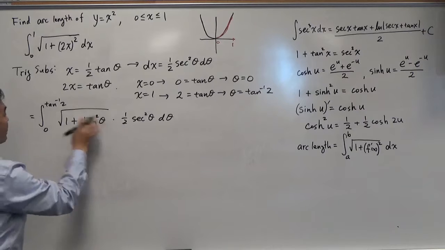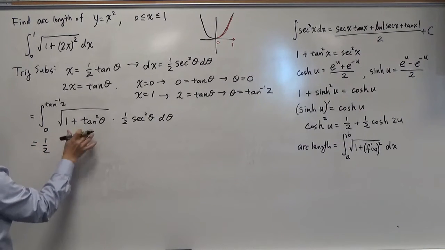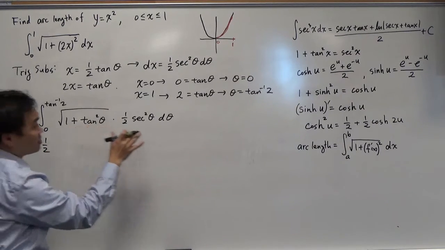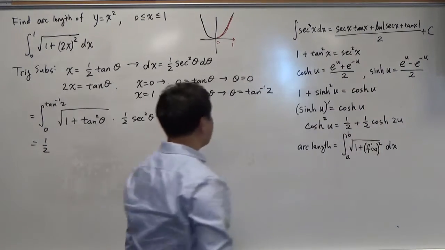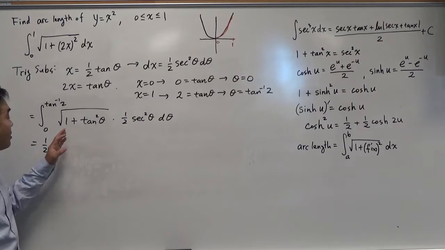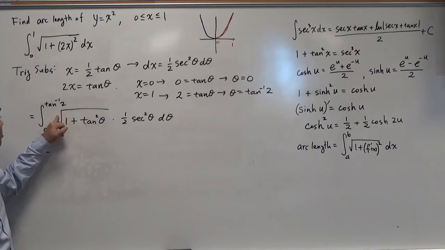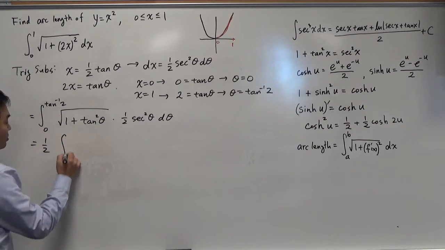You can pull the 1/2 outside, and because 1 plus tangent squared is secant squared of theta, the square root cancels the square, and you will just write down the secant of theta.